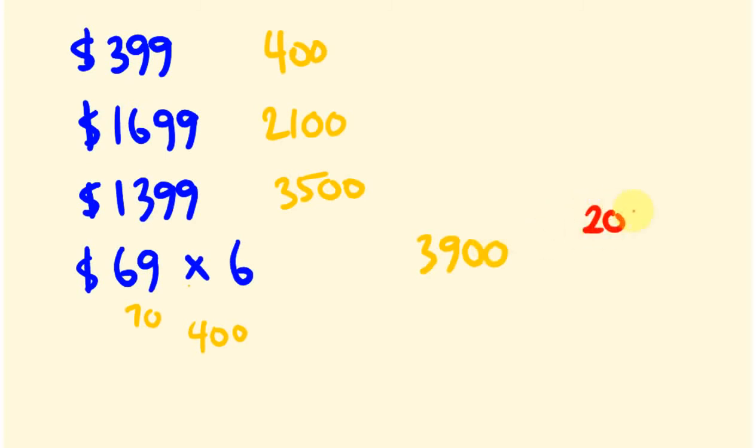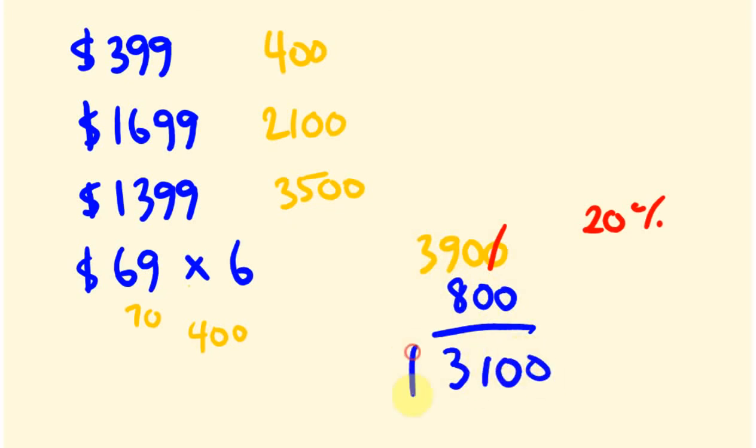Well, first off, 10% is going to be this divided by 10, so I'm just going to get rid of the zeros. 20% is going to be twice as much, so 20% is going to be 780, or roughly, let's stick in the roughly zone of 800. So we're going to be looking at 800 coming off. We're looking at roughly $3,100.